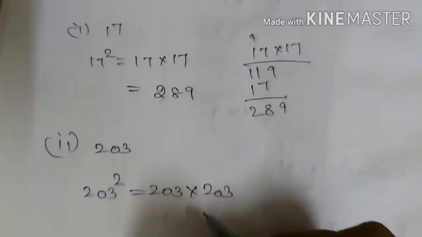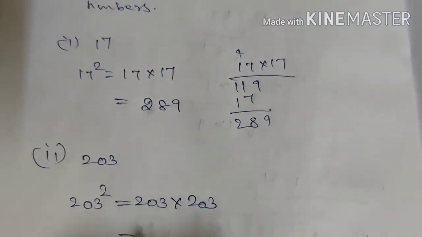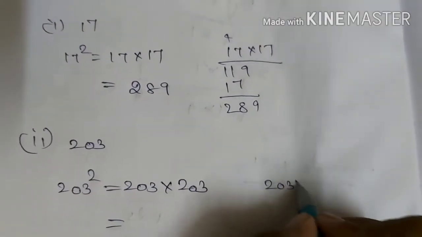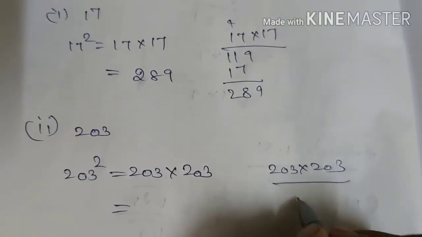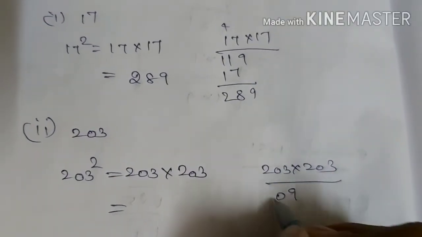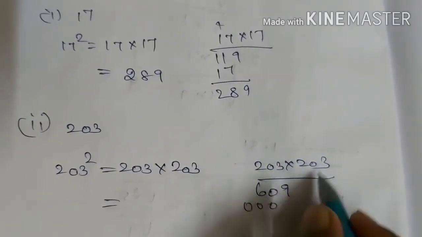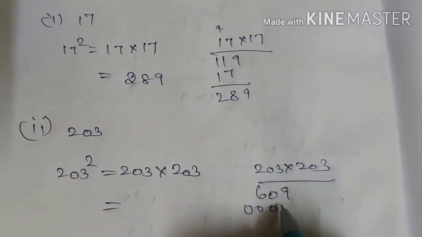If you doubt, multiply 203 by 203. This is the square of 203, 41,209.